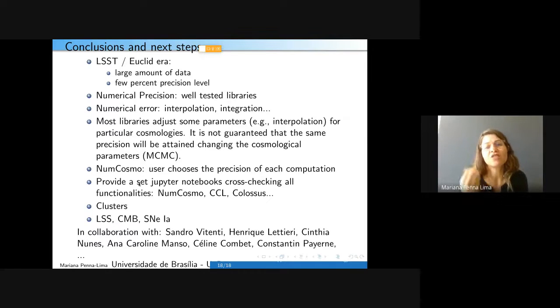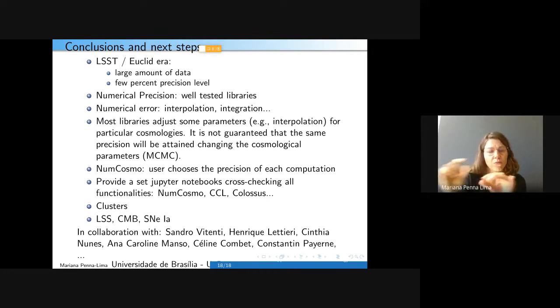The user chooses the precision of each computation. So for example, if you want to compute the model distance modulus for supernovae analysis, you say, okay, I want my theoretical computation to be performed with this precision.